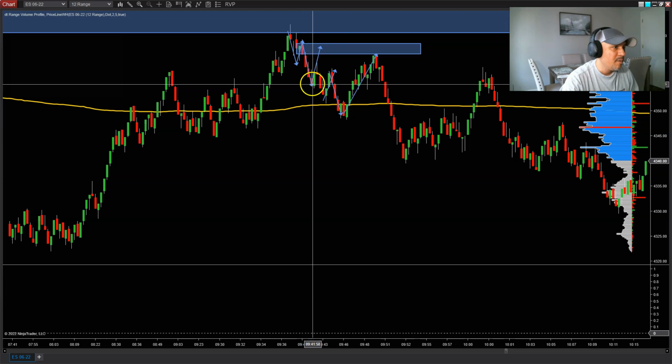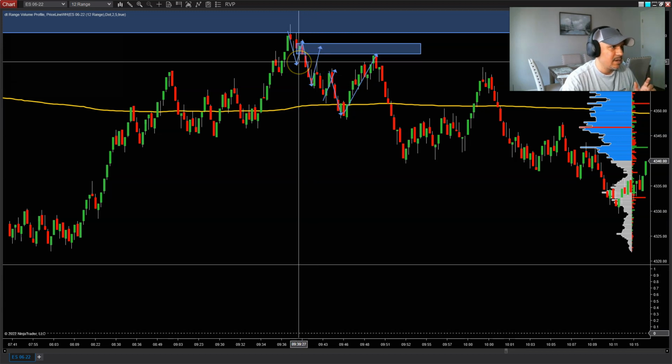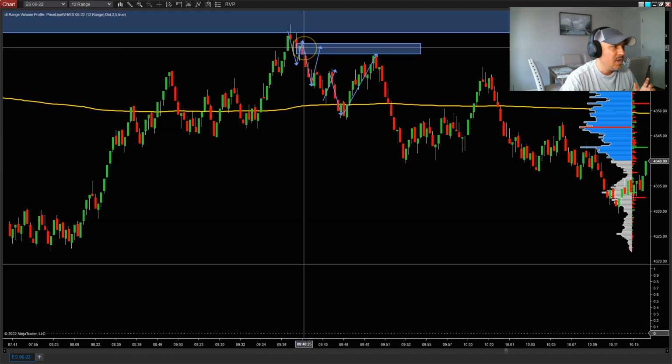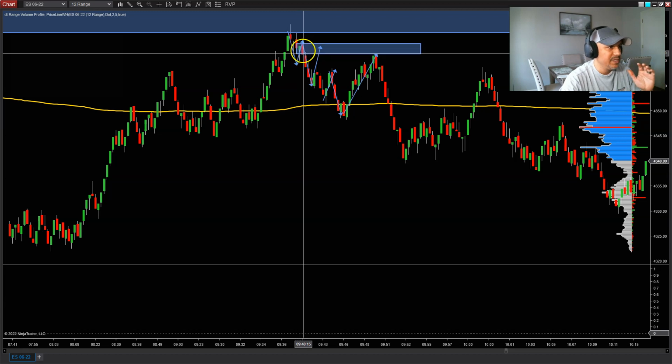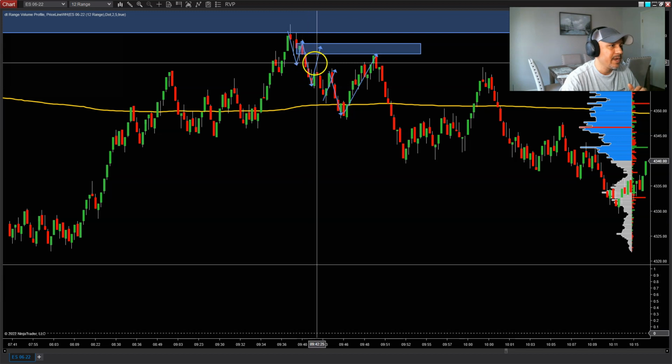On the pullback, I don't want to see price pull right back to the neck of the swing, as I call it, right here at the neck. I want to see price pull back into the swing itself when it was moving to the downside where selling started taking place, and that is a small area of supply off this movement to the downside. But because it didn't do that and it stopped right here at the neck, it doesn't give me much room to actually trade.